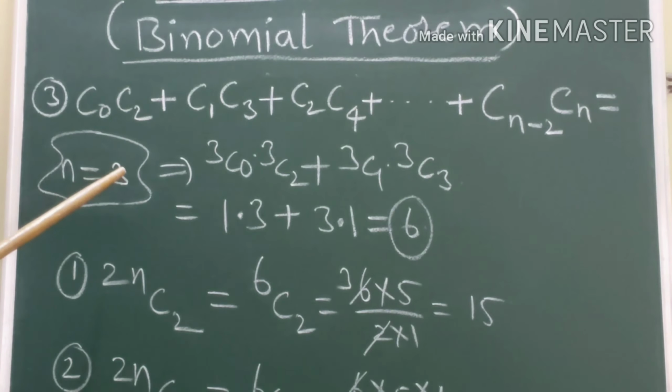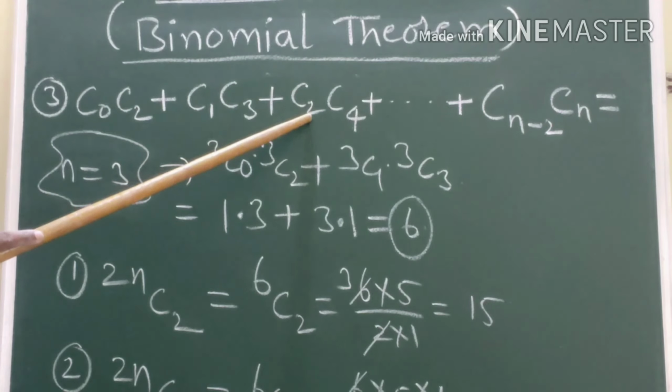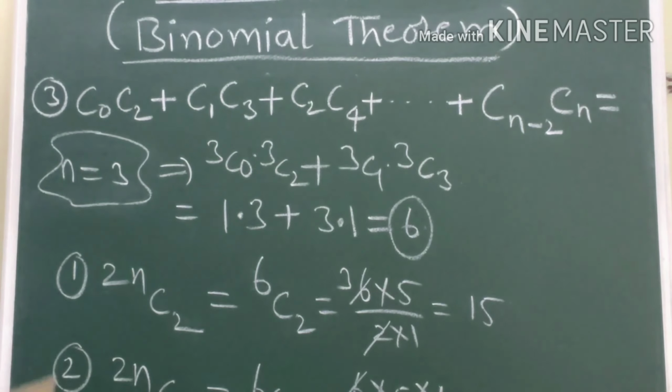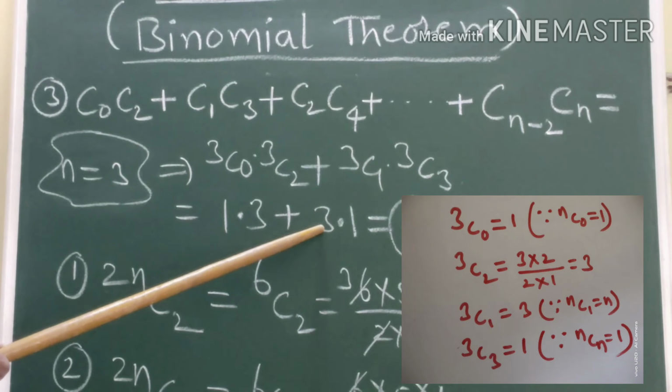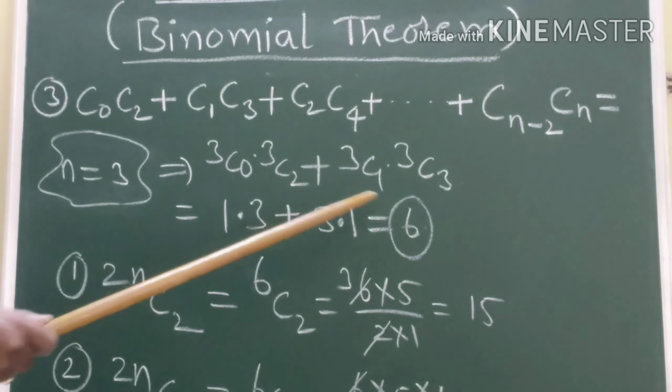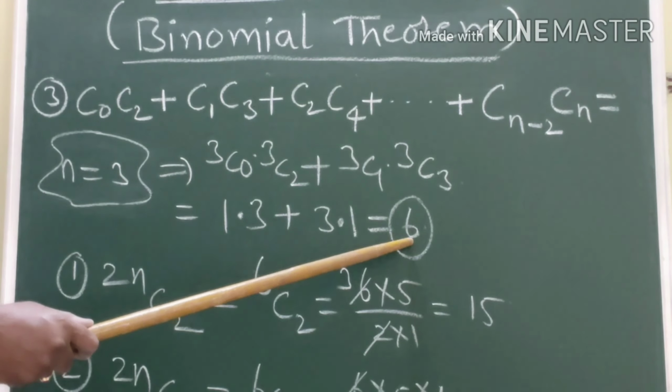In the next term we get 3C2 into 3C4, which is not possible. Now, 3C0 is 1, 3C2 is 3, plus 3C1 is 3, 3C3 is 1. That is 3 plus 3, 6 from the given problem.